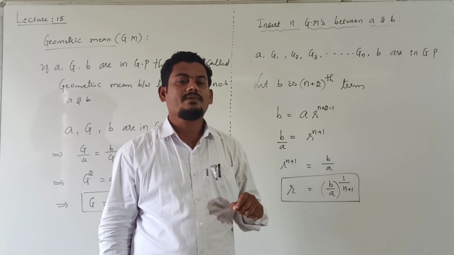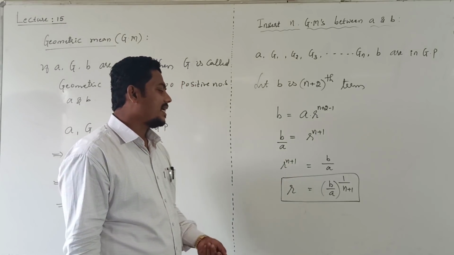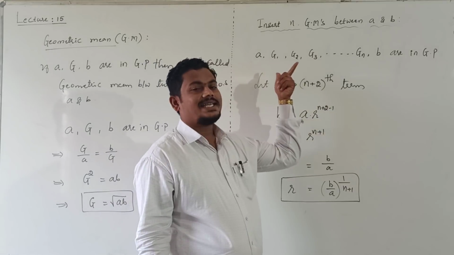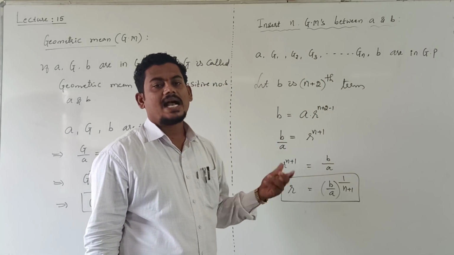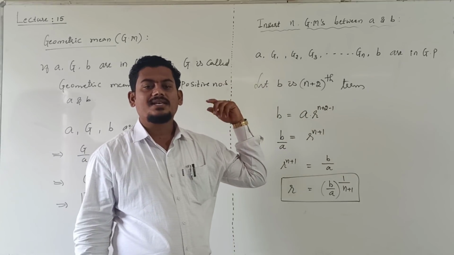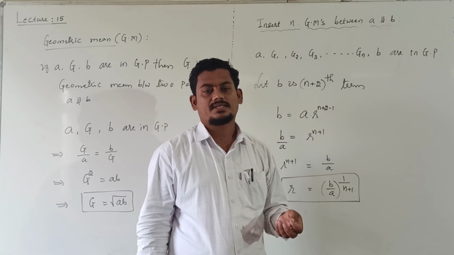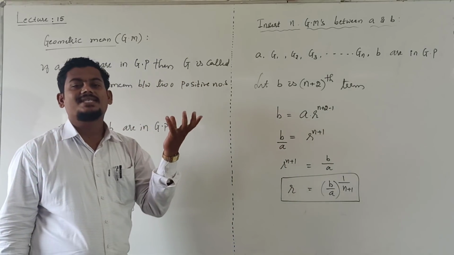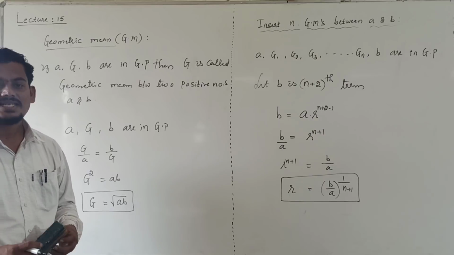If you are inserting 10 numbers, then take n value 10. This is the common ratio while inserting n geometric means, or n numbers between 2 numbers. It is the formula for finding the common ratio while inserting the numbers, not in general.